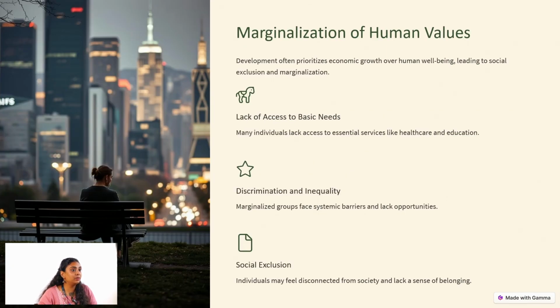Marginalization and human values in Indian social work. Often, economic growth is prioritized over human values, leading to social exclusion. Social workers in India focus on reducing exclusion by addressing discrimination, improving access to education, and advocating for policies that protect the rights of marginalized groups like Dalits, tribal populations, and women.